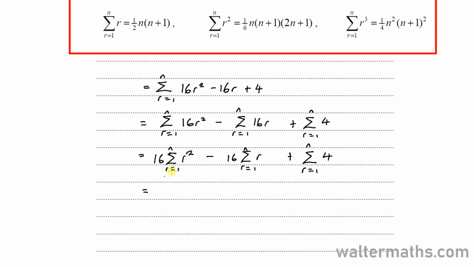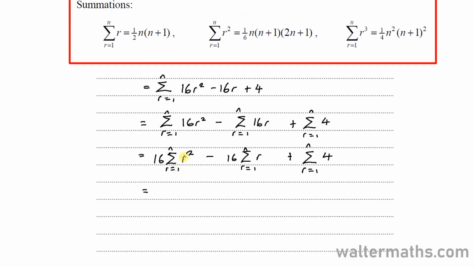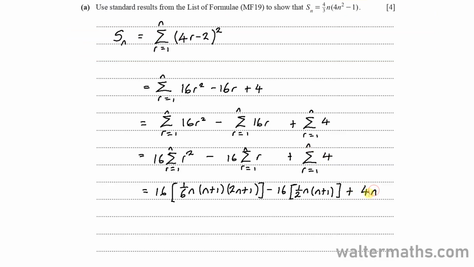So here, using these standard results, for r squared, that's 1/6 of n times (n plus 1) of (2n plus 1). And here it's minus 16. And for the sum of r, we'll be having a half of (n plus 1) like this. And it's plus 4 times n, so that will be 4n.